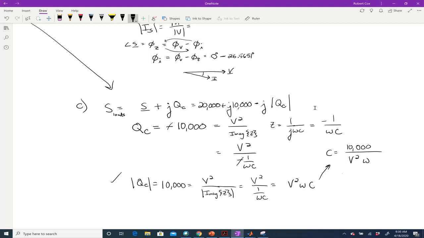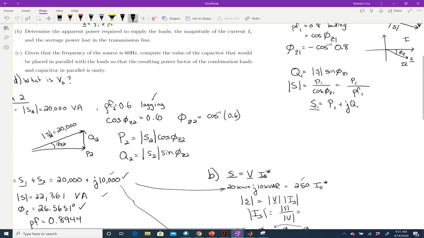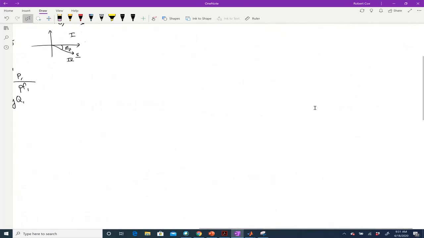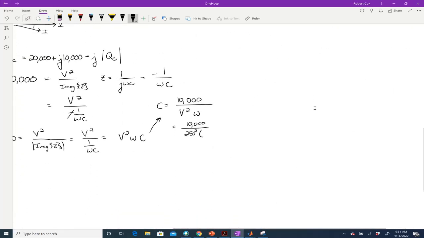Now I know that the volts in this case are 250, because that's the voltage across the capacitor. We were told that the frequency of the source is 60 Hertz. So my omega in this case is 2 pi 60. Then I go to calculate.